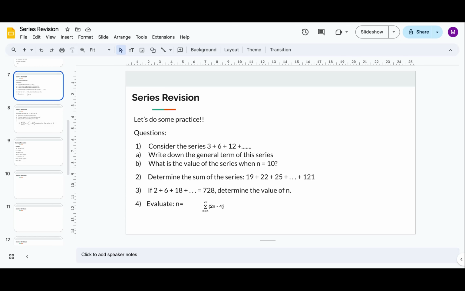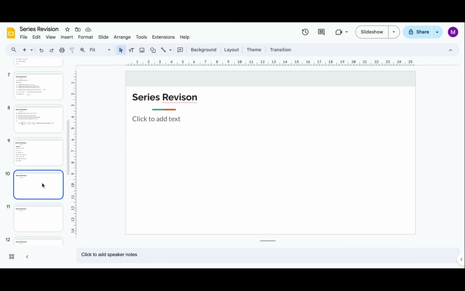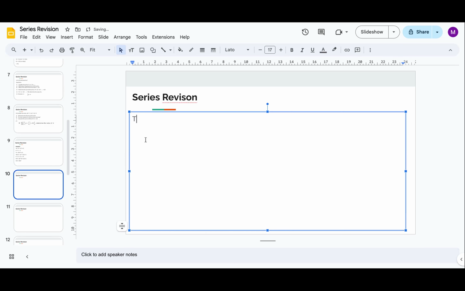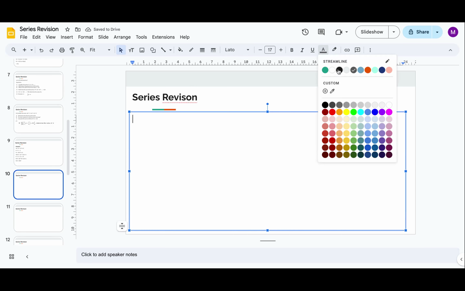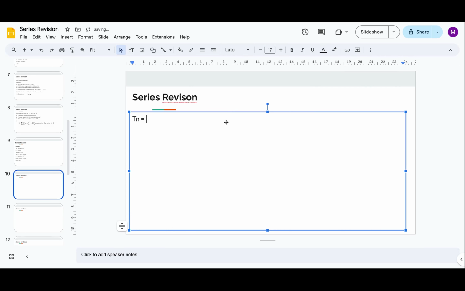But as I said, before we start with the series calculation, we need to determine what our n value is so we have all the components to calculate what the value of our series is. And to get the n value, we need our general term. Now we know that the general term of an arithmetic series can be given as Tn is equal to a plus n minus 1 times some constant difference d.